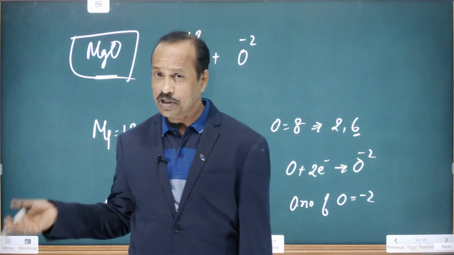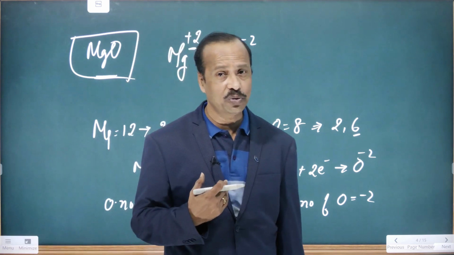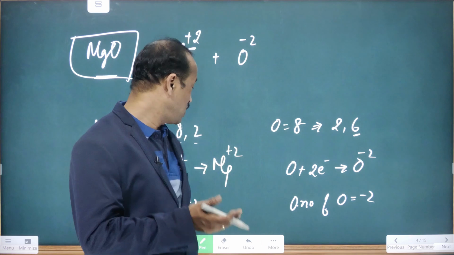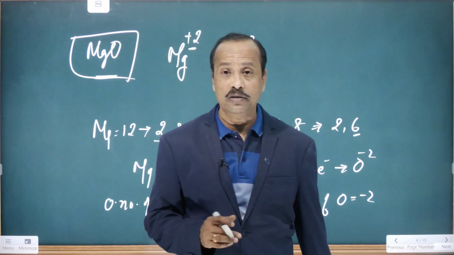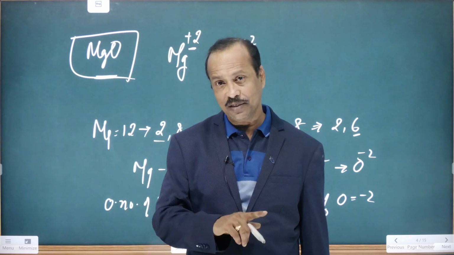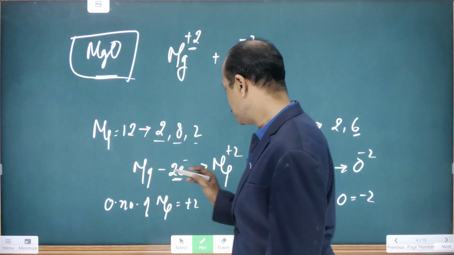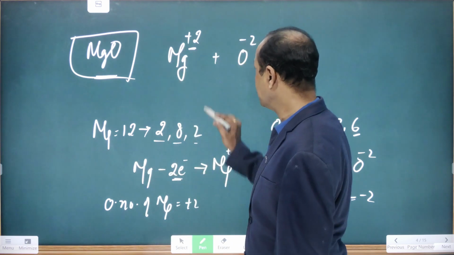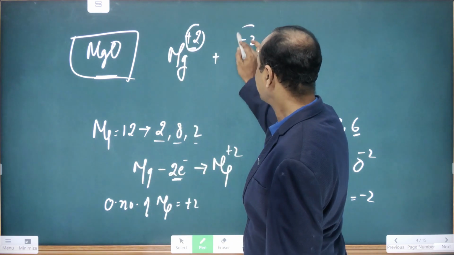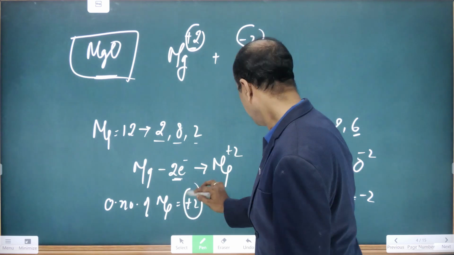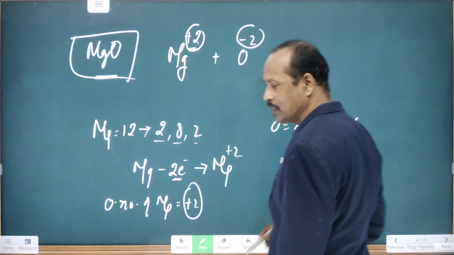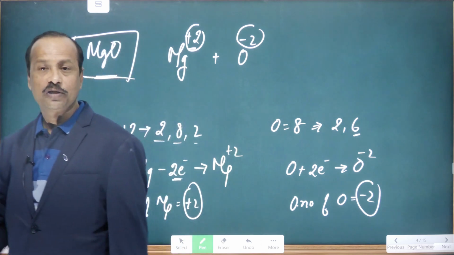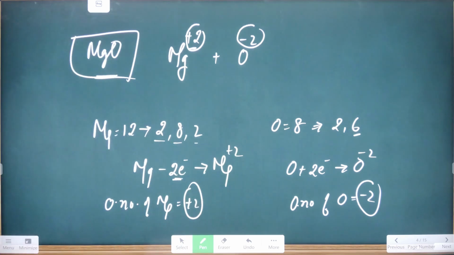When magnesium loses 2 electrons, it becomes plus 2, and oxygen gaining 2 electrons becomes minus 2. So this plus 2 is the oxidation number of magnesium, and this minus 2 is the oxidation number of oxygen. Did you understand? Very simple, no? Any doubt?